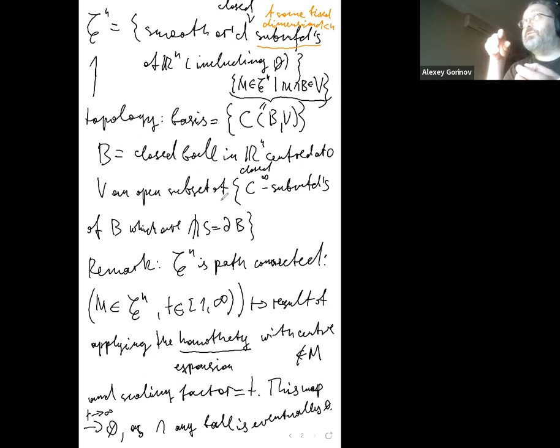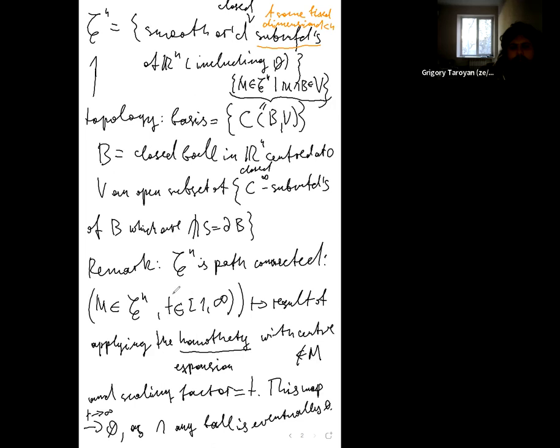Reducing everything to compact submanifolds does simplify things a lot. Okay. Does this part make sense now? Yes. Okay.